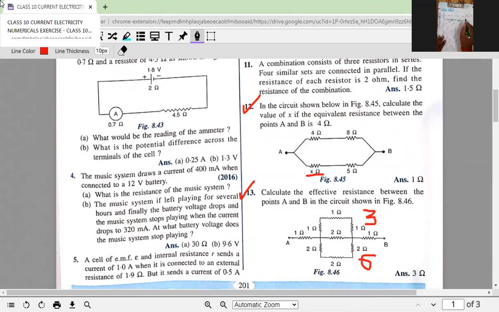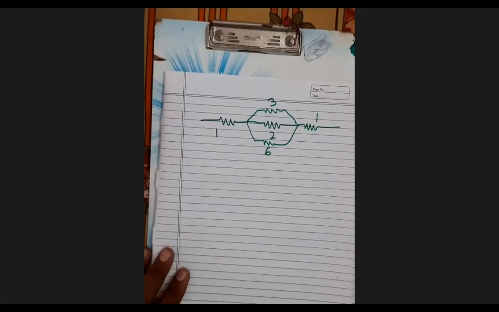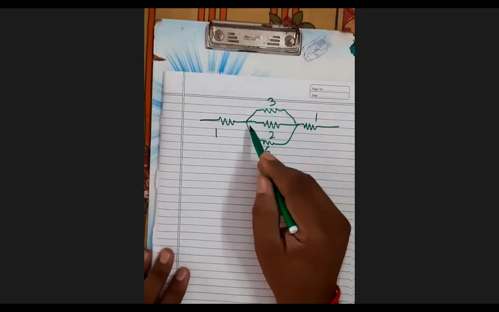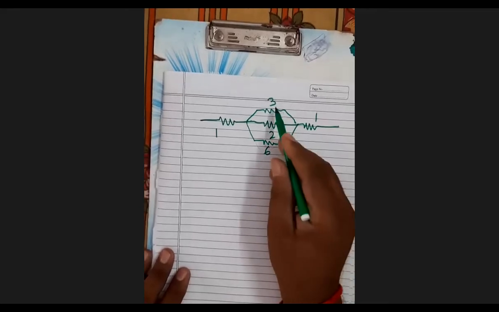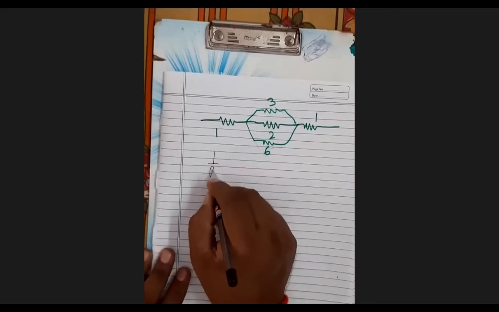This is 1, this is 1, and this is 1, and this is 2, this is 2, this is 2. Now these 1, 1, 1 have changed into 3 ohm, 2, 2, 2 have changed into 6. This 3, 2, and 6, they are connected in parallel. So what will be their equivalent resistance?